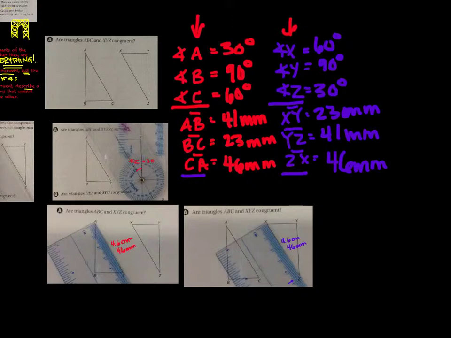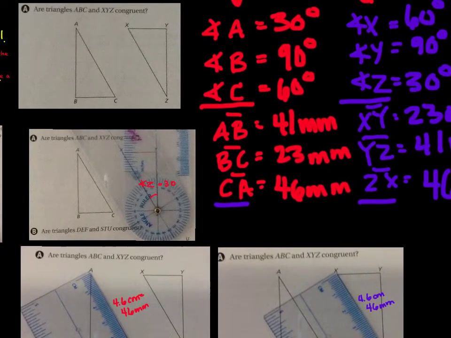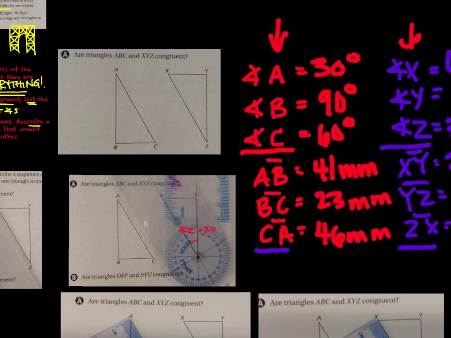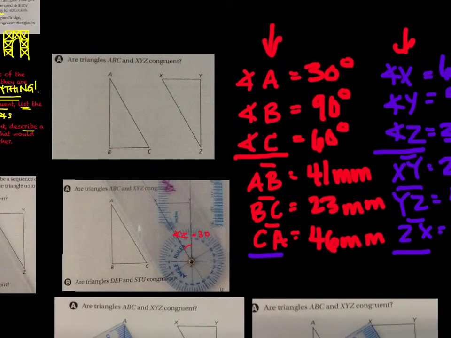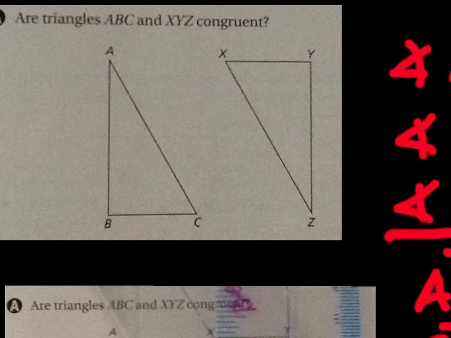So let's look at this. I'm going to color code it, and we're going to zoom in on our triangle and see all of this information in action. We have angle A. We said that was 30 degrees, and that is congruent to angle Z. Notice that I'm putting one of those angle marks.